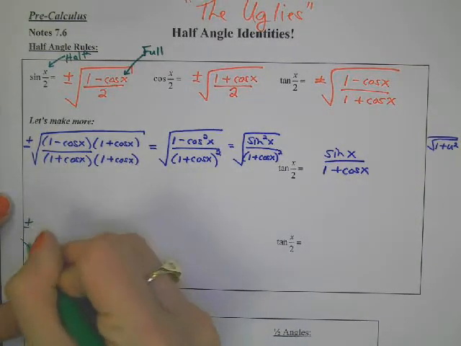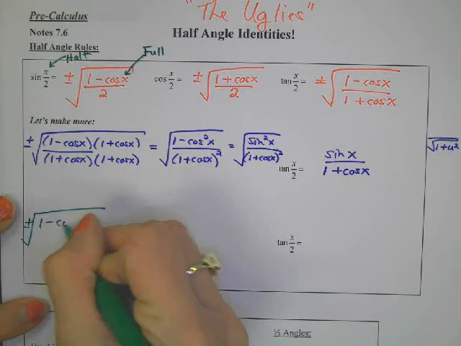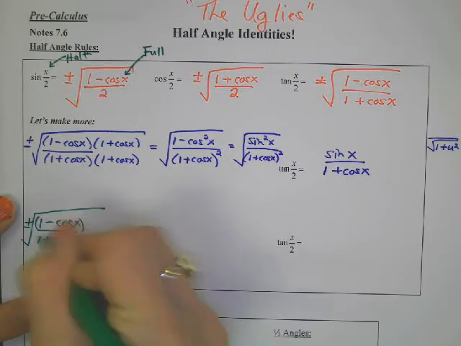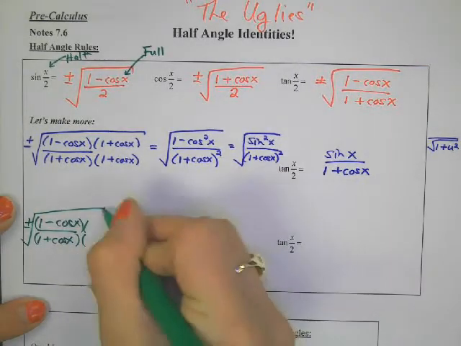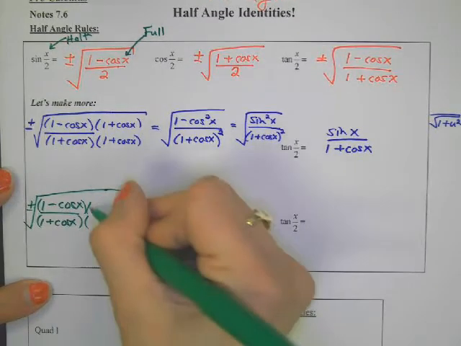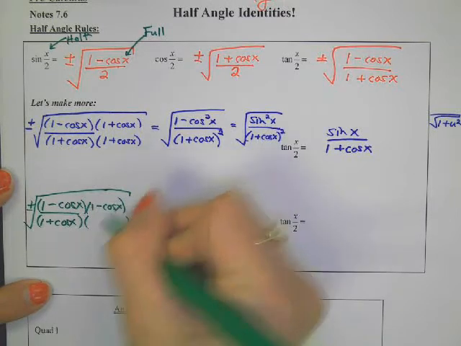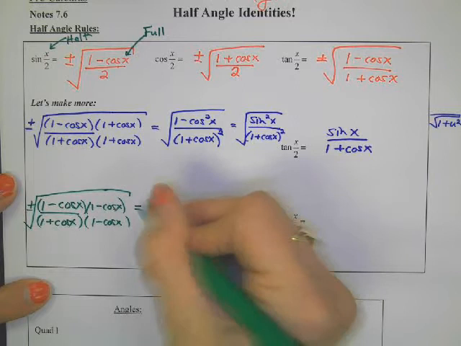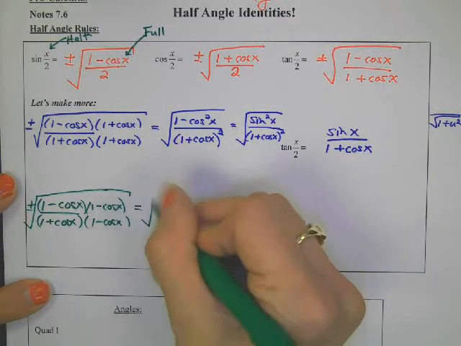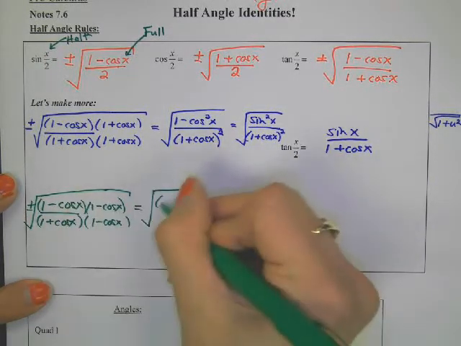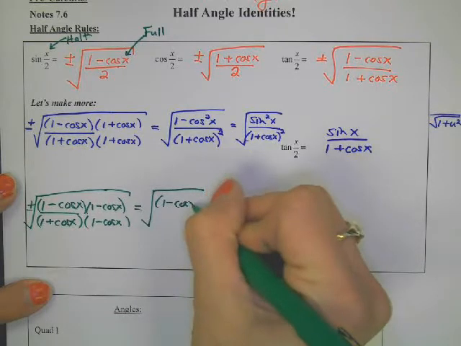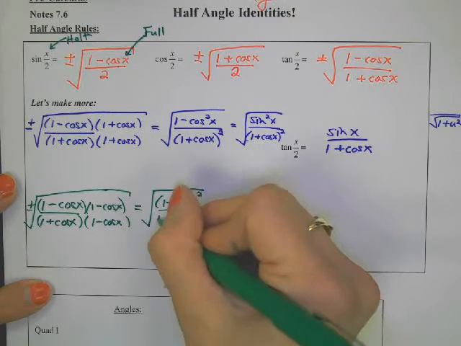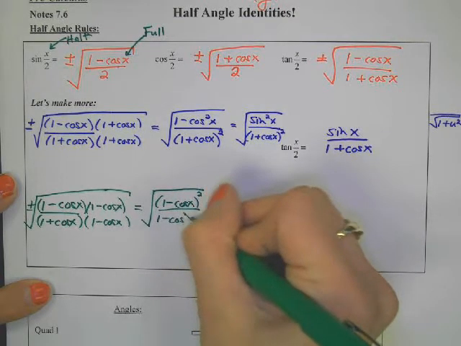Okay, let's go ahead and do that last version. So let's take 1 minus cosine of x over 1 plus cosine of x. But this time, we're going to multiply top and bottom by the other conjugate, 1 minus cosine of x. Okay, something very similar happens again. The plus minus is going to disappear. That's why I don't write it. The numerator is quantity squared, but the denominator is a difference of squares.